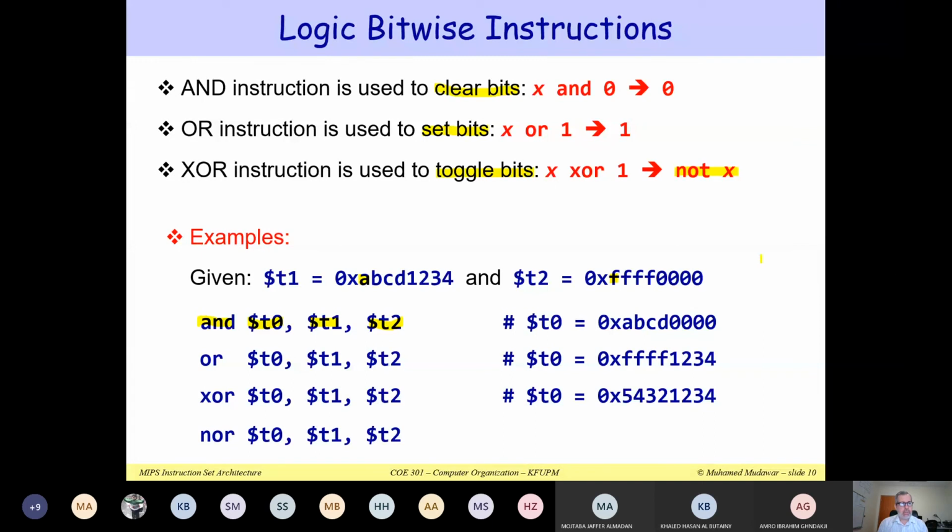How about NOR? I already have calculated the OR, right? So all we have to do is just the complement, which will be 0, 0, 0, 0, 0, 0, 0, 0. What's the complement of 1?